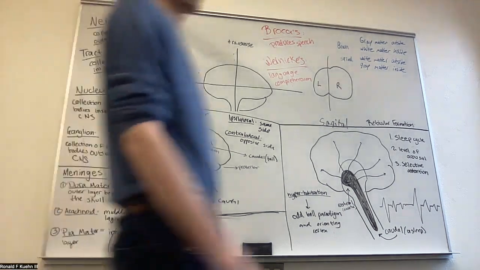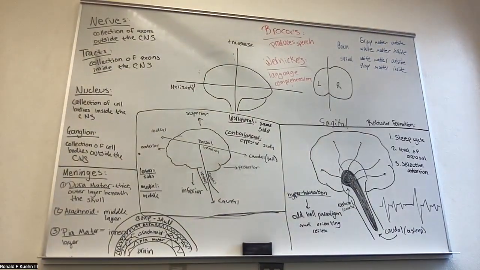I won't confuse you with that, but understanding thoracic, cervical, lumbar is a good way to remember. Cervical is neck, thoracic is your chest cavity, and lumbar is your flank, your lower spine.